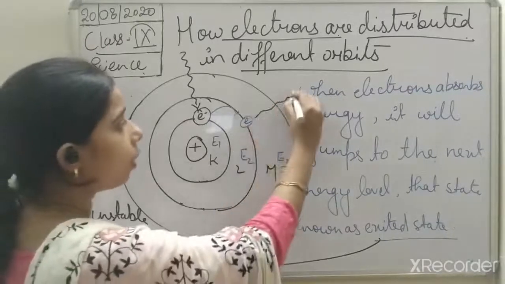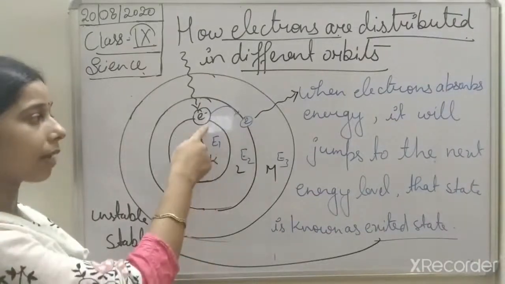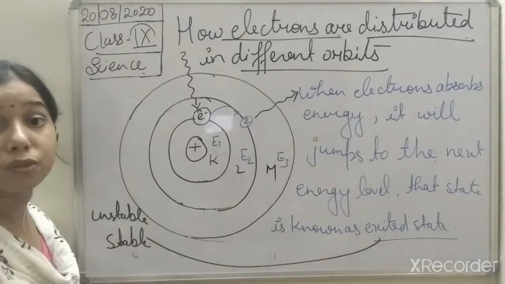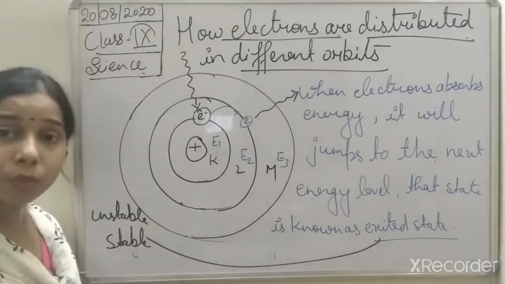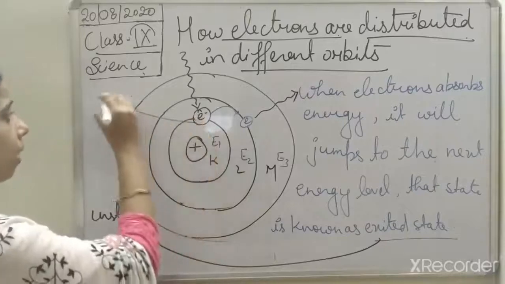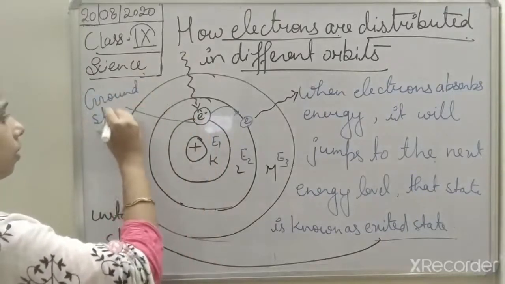Here it will lose energy and finally go back to its original shell, and that state is known as the ground state.